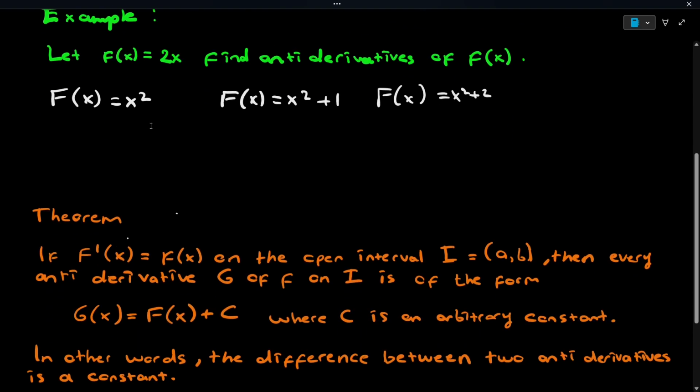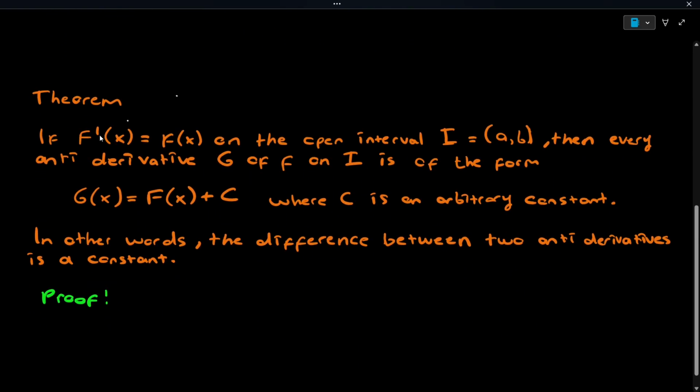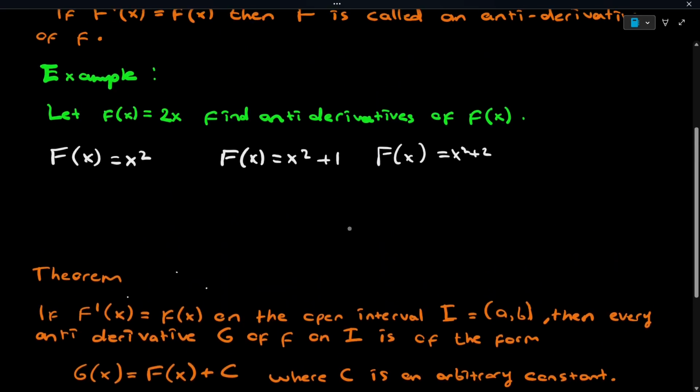Let's see a theorem related to this. If F prime of x is equal to f of x on the open interval I, then every antiderivative G of f on I is of the form G of x is equal to F of x plus c, where c is an arbitrary constant. In other words, the difference between two antiderivatives is a constant. What do we mean?